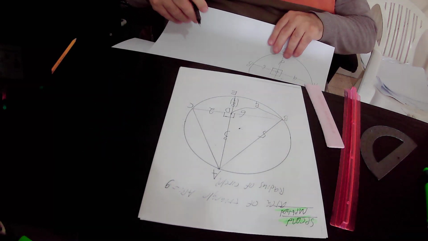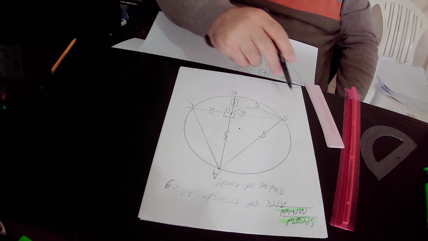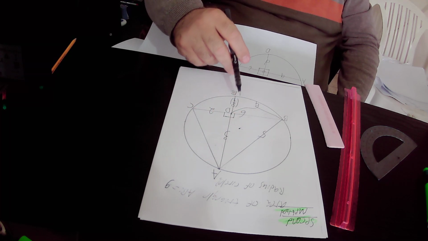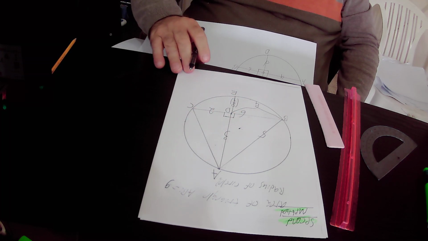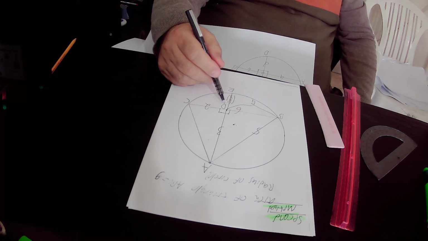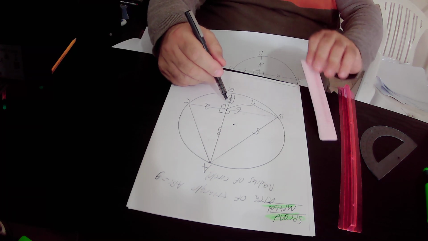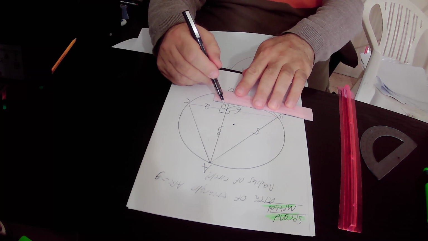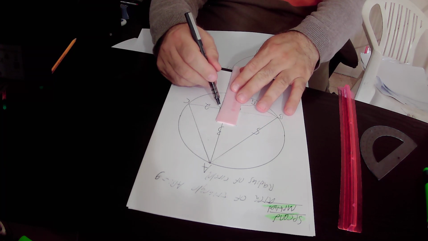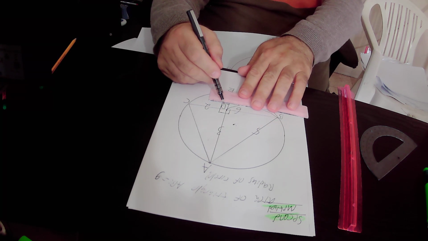So actually we can implement rule number 2 in our drawing, because in our drawing we have chord BC that intersects with chord AE at 90 degrees. Here, those two angles are equal to 90 degrees, and this angle is also equal to 90 degrees, according to the rule that the sum of the angles on one side of a straight line is equal to 180 degrees.